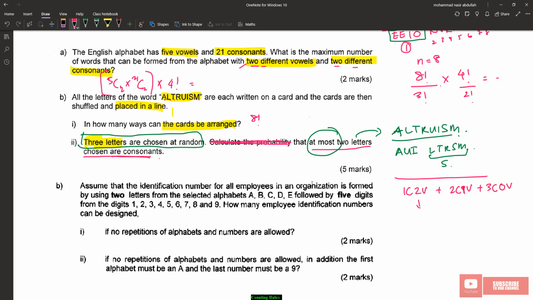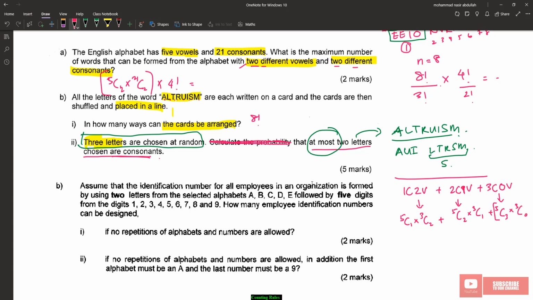So from here we translate into a statistical form. And then 1 consonant, 5 choose 1 multiply with 3 choose 2, plus 5 choose 2 multiply with 3 choose 1, plus 5 choose 3 multiply with 3 choose 0.